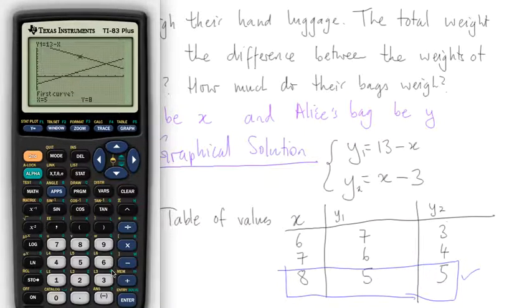Choose a first curve. It's flashing on this curve, so I press enter. Second curve, it's flashing on this curve, I press enter, and then a guess somewhere near to the intersection. You can go left and right with these arrows, and then enter, and it'll tell me the intersection is x equals 8 and y equals 5, which is a solution to the set of simultaneous equations.